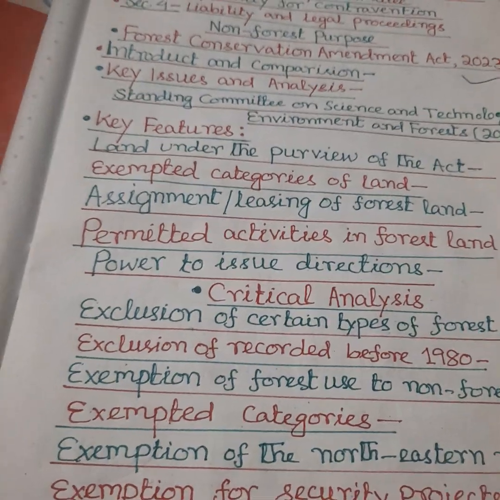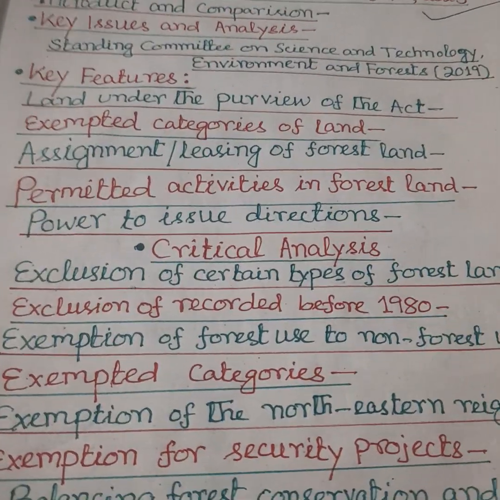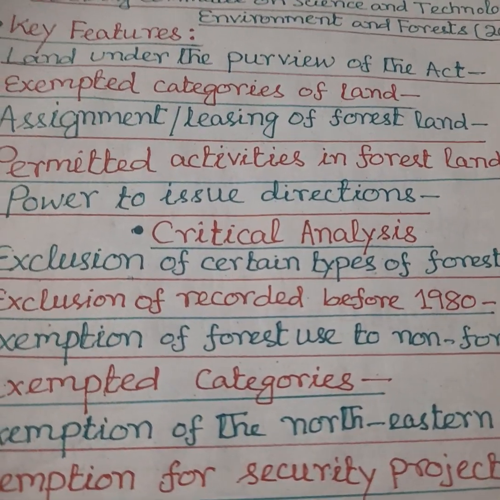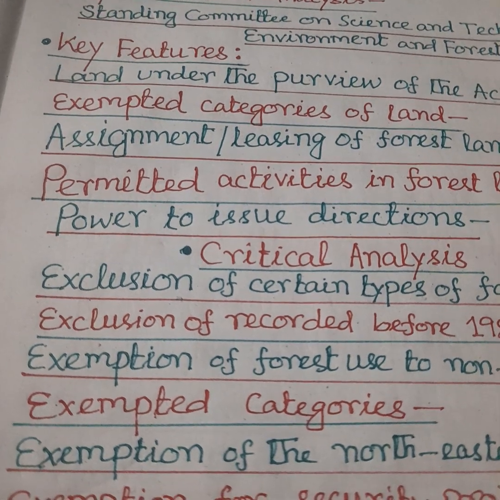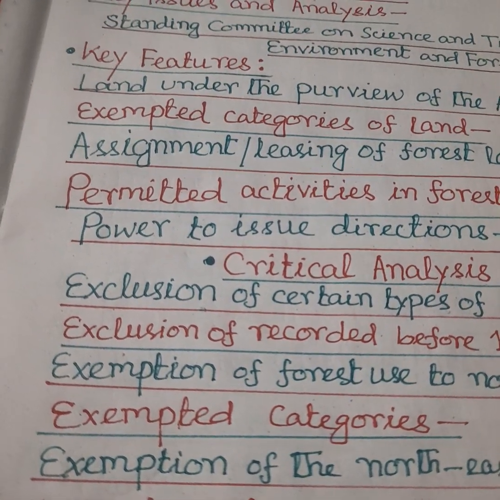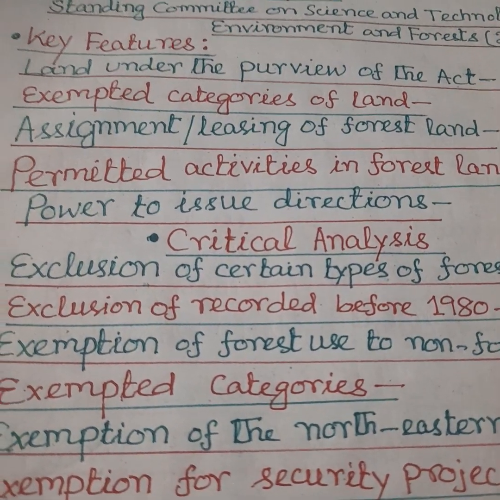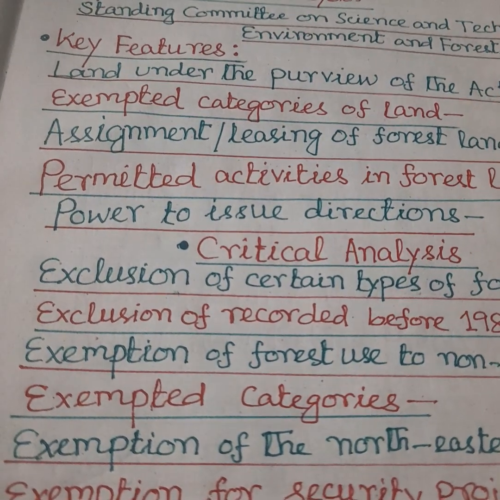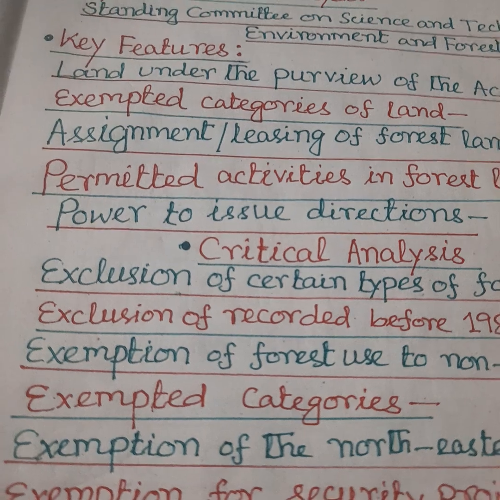There, the prior approval of the central government is required, and it also particularly defines what exactly non-forest purpose includes. It is the breaking up or clearing of any forest for the cultivation of tea, coffee, spices, rubber, palms, oil-bearing plants, horticultural crops, or medicinal plants.